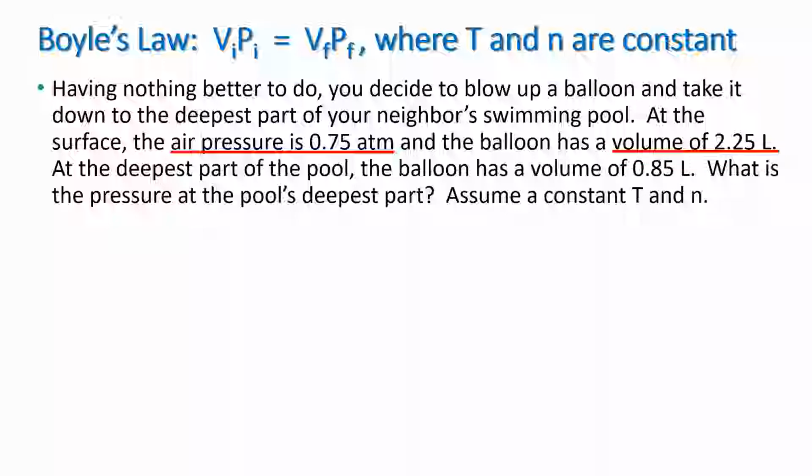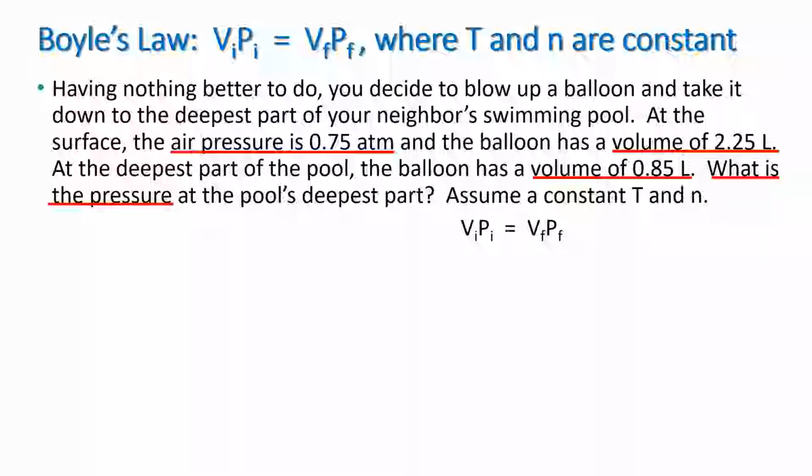And we're also given the balloon's volume at the surface, which is 2.25 liters. At the bottom of the pool, the balloon's new volume comes in at 0.85 liters, and we are being asked to find the pressure on the balloon at the bottom of the pool.